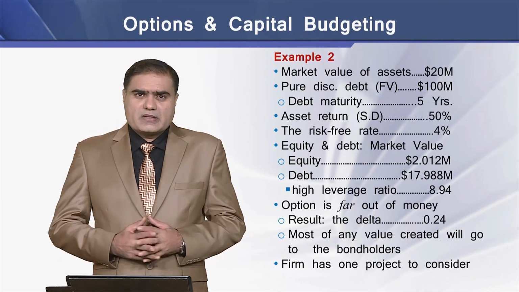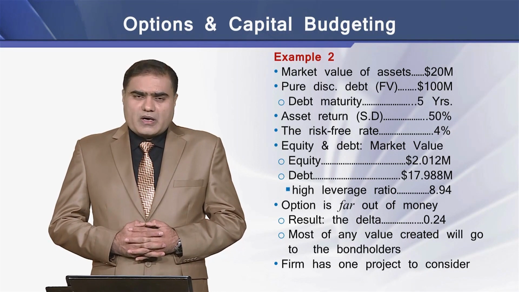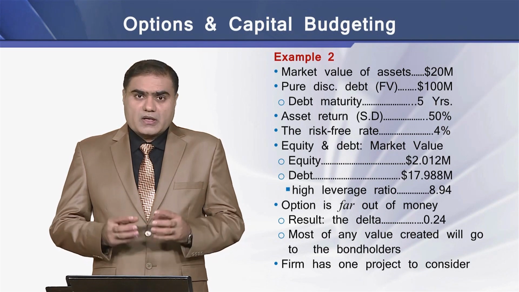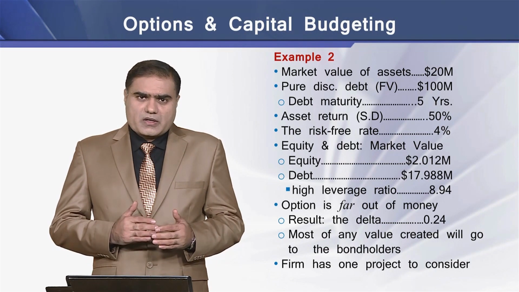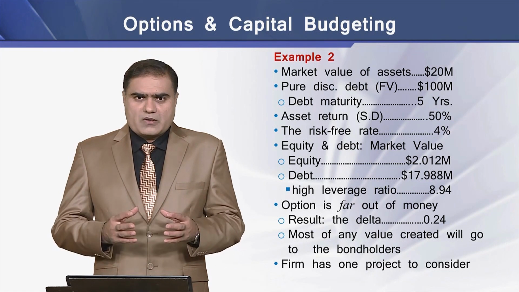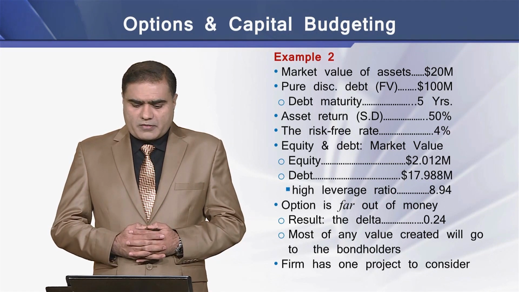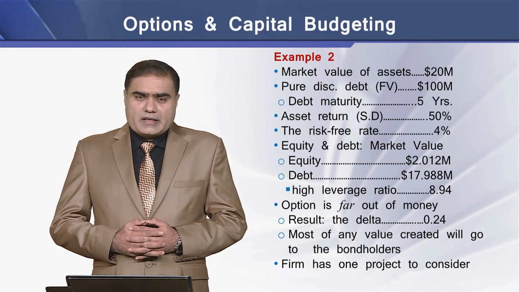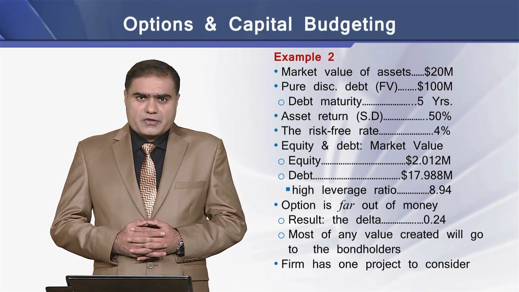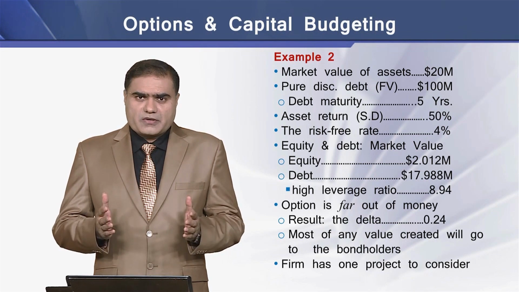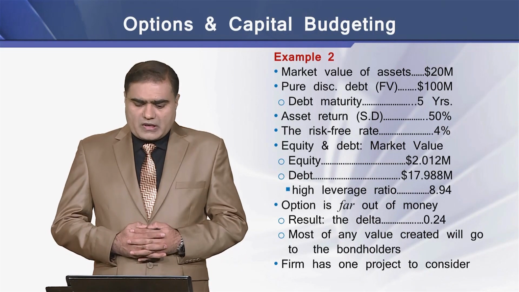Now let's see example 2. We have a market value of assets of the firm to the tune of 20 million. Now, in contrast to the earlier example, we have pure discount debt to the value of $100 million with the debt maturity of 5 years, and the standard deviation of rate of return of the firm is 50% with the risk-free rate of return at 4%.